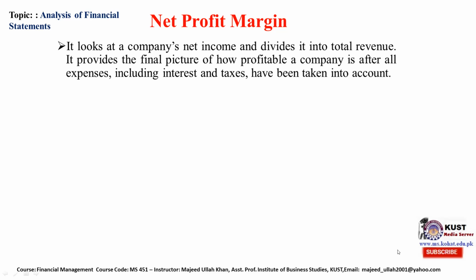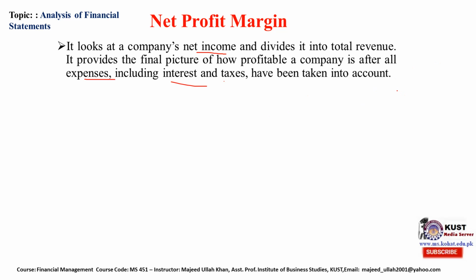Net profit margin. It is the company's net income divided by its total revenue or net sales. It provides the final picture of how profitable the company is after all expenses, including interest and taxes, have been taken into account.